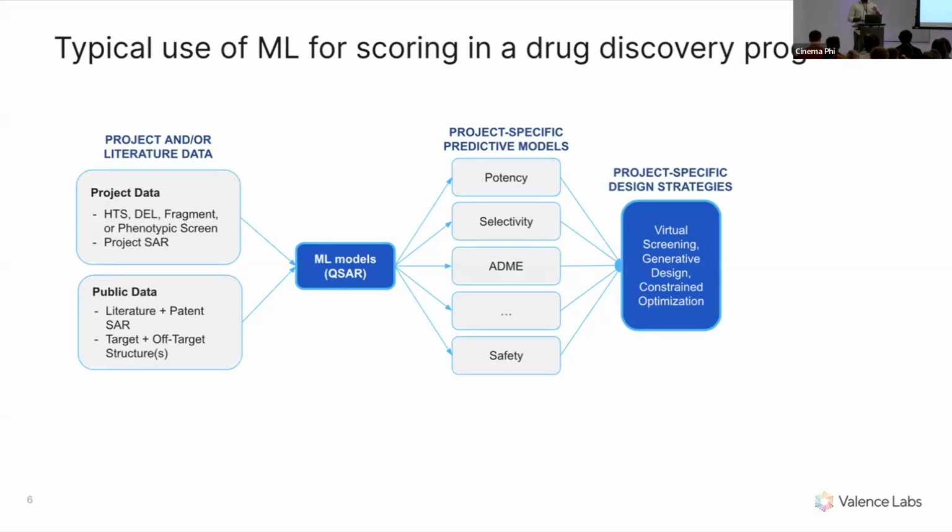And then when you have those models that have been trained, you can use them as a way to look for new compounds that will satisfy the set of criteria that you define. So maybe you have a threshold on potency, so you can use your model to screen a catalog of compounds and see which of these compounds will satisfy the criteria that you define for your projects.